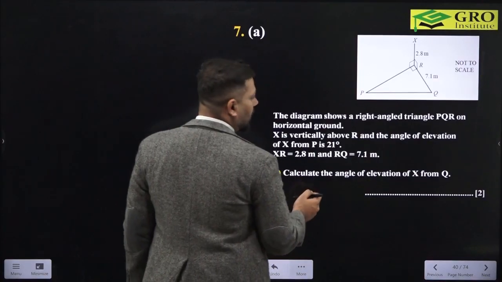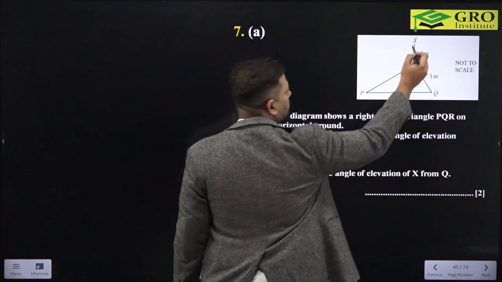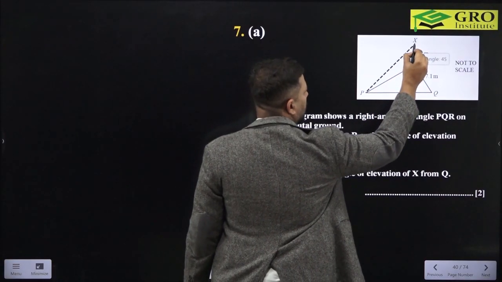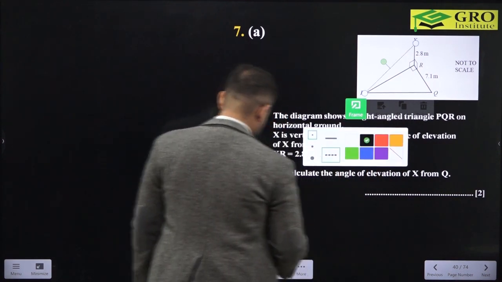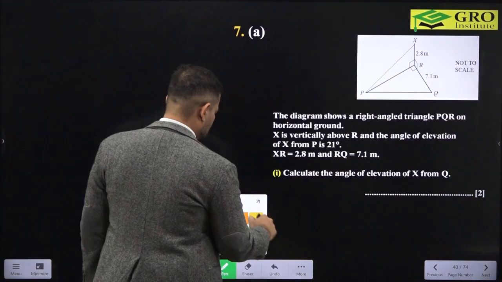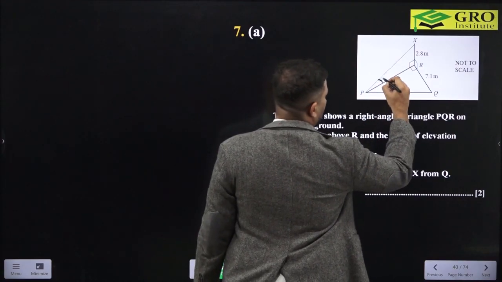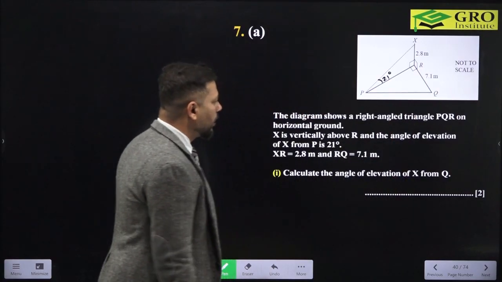We are given that the angle of elevation of X from P, let us draw. This angle of elevation is given to us as 21 degrees. Let us write it over there. This angle is 21 degrees, right?